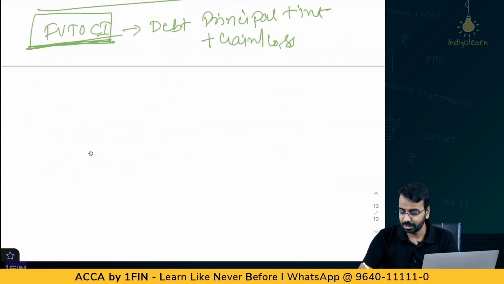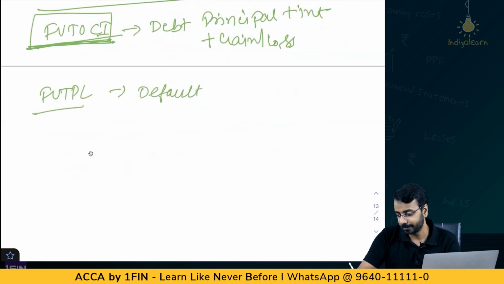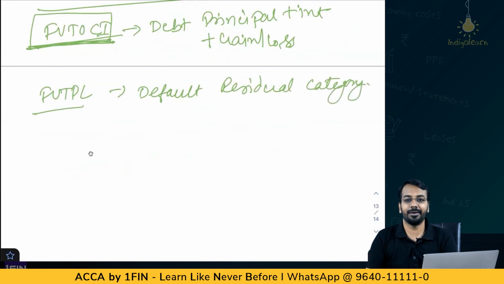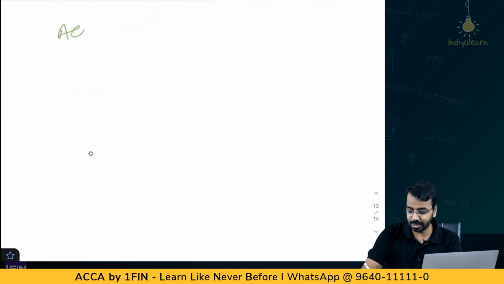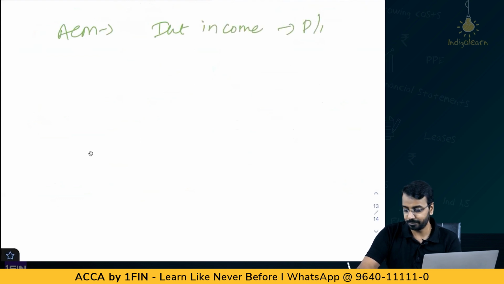Then the third one is fair value through P&L. This is the default residual category. So if you don't want amortized cost, if you don't want fair value through other comprehensive income, then what you need is fair value through P&L. Now, please remember, under the amortized cost method, you recognize interest income. This goes to P&L.